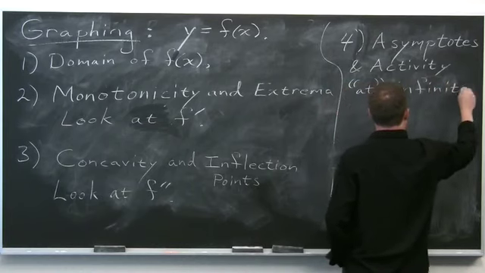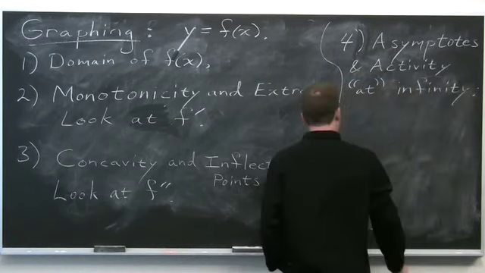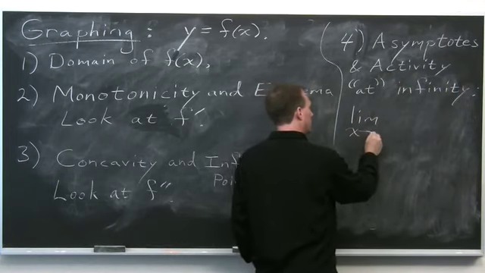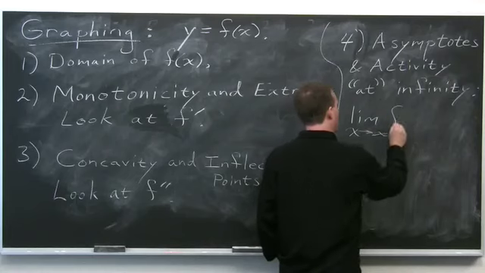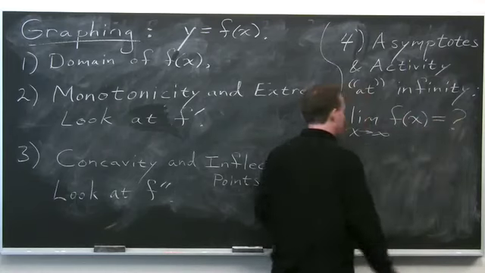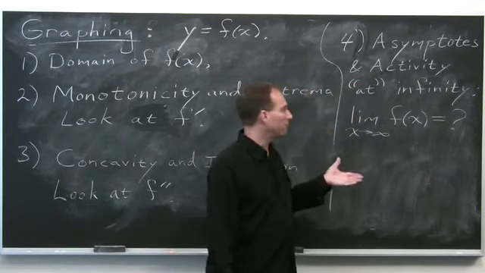So this means we'd like to look at the limit as x goes to infinity of f of x. So we'd like to know what this does. As x gets really big, what does f of x do?